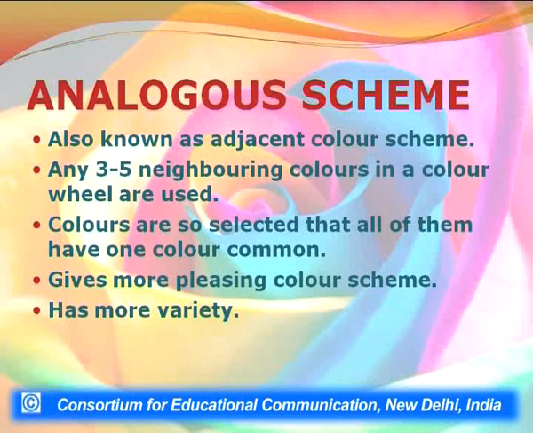For example, if we are using 3 colors in a color wheel, red, yellow and red yellow, and we are planning something in our room with these 3 colors, there should be one color common in every setup. For example, if we are using a bed sheet, it should have something yellow. If we have a doormat, it should be something yellow. So there should be one color common in this color scheme. It gives a more pleasing color scheme and has more variety.